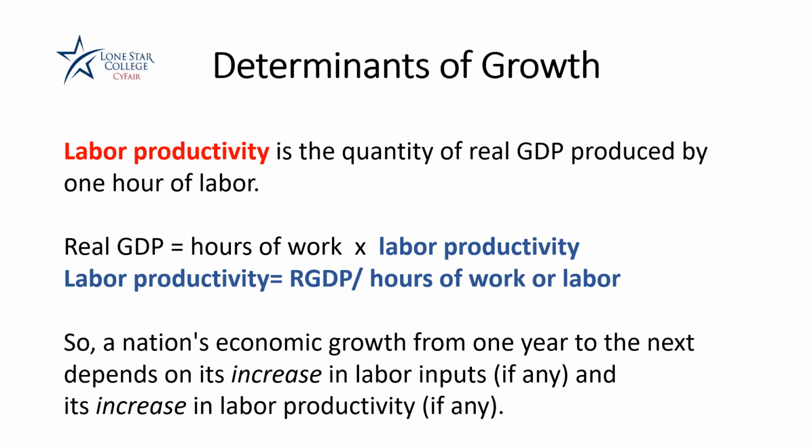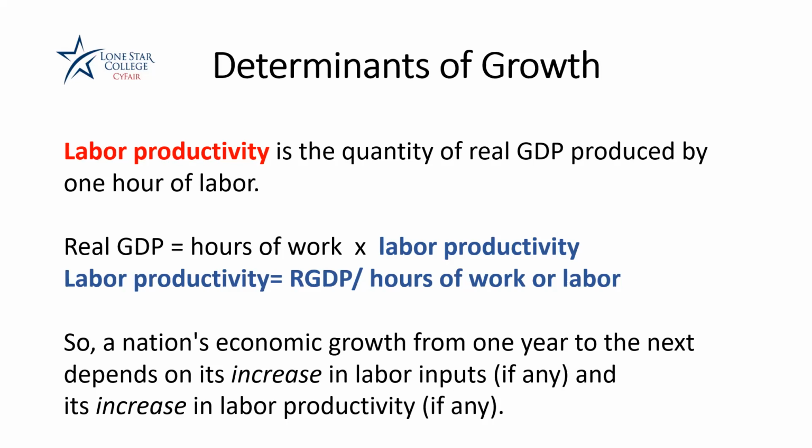The formula is here. Watch that video to learn, but it's really easy. Just remember the formula, and I can ask you to calculate labor productivity, or I can give you the labor productivity and the hours of work, and then ask you to calculate real GDP. We'll learn how to calculate real GDP in chapter 7. If you are taking notes, especially of the formulas, you can also have this formula.